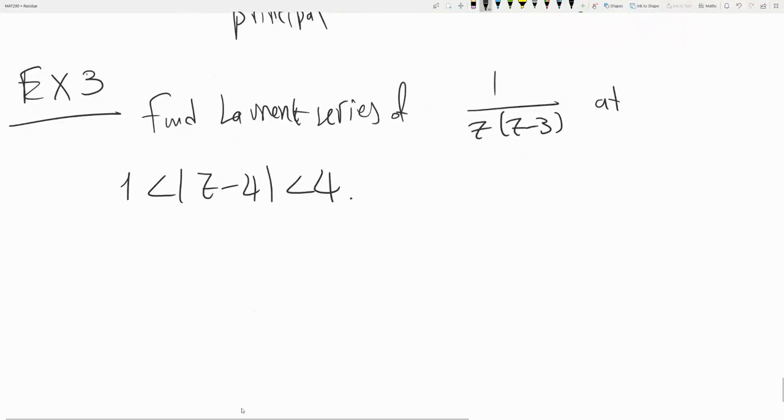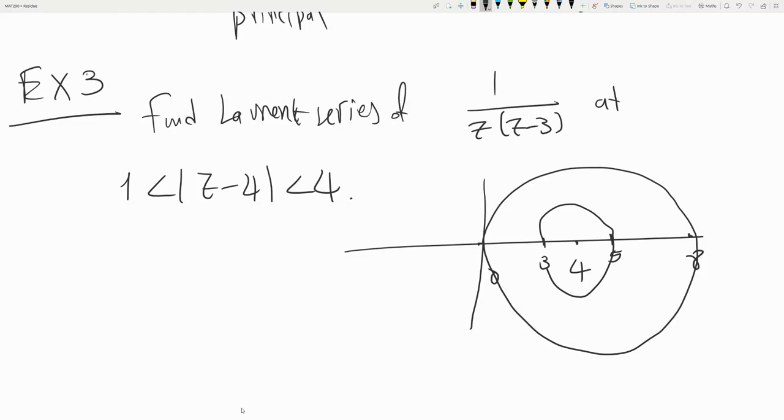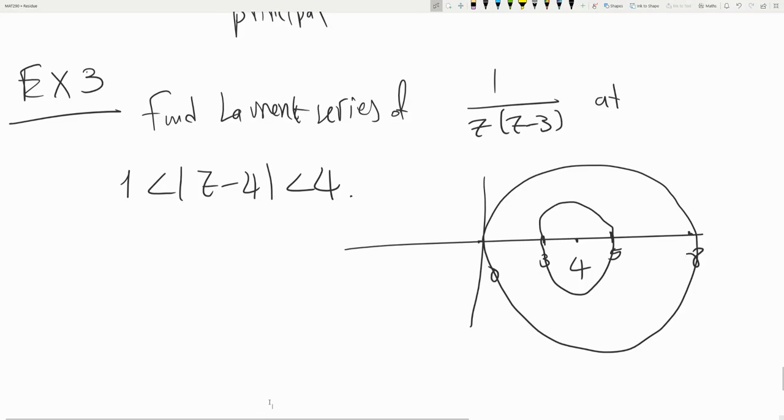Let me draw it. 4 is over here, and it tells you the big circle goes through 8 and 0, and the small one hits 5 and 3. Okay, right, fine.